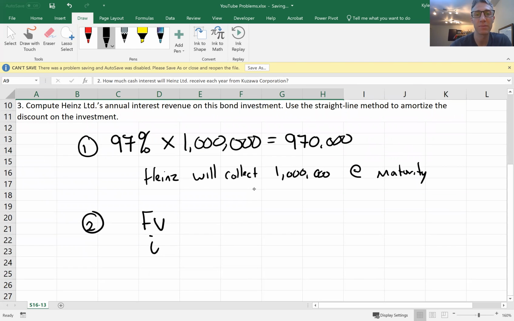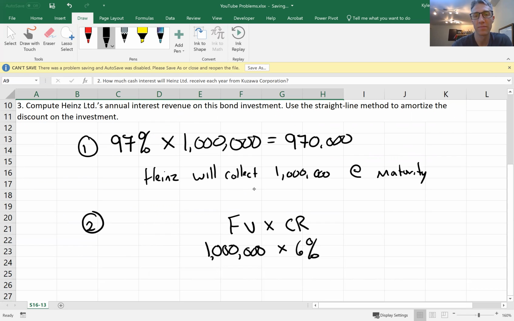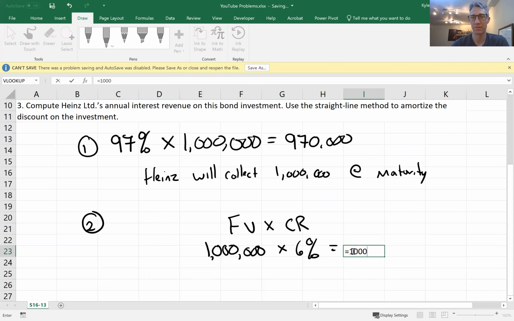So that's going to just simply be the face value multiplied by the coupon rate in the contract. I have that denoted as I over here. The face value of this contract is $1 million. The coupon rate is 6%, which means that I think that's 60,000.